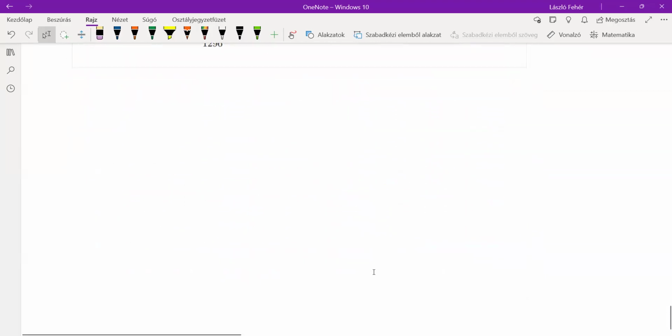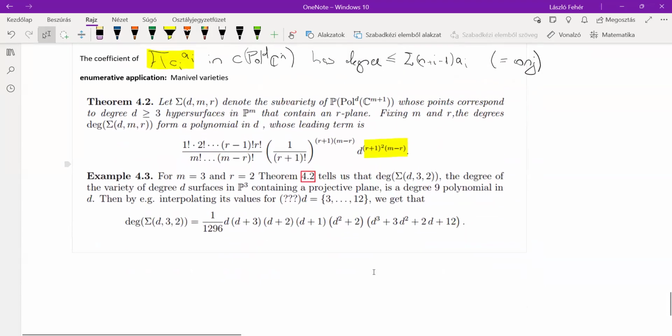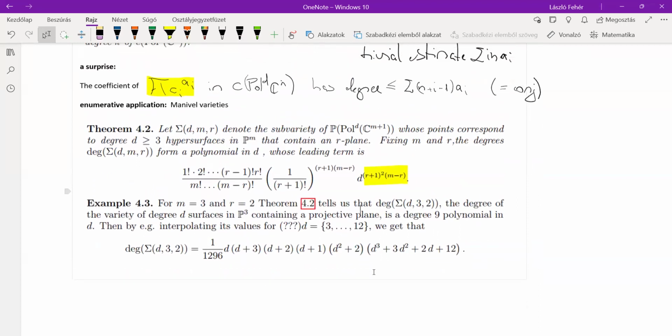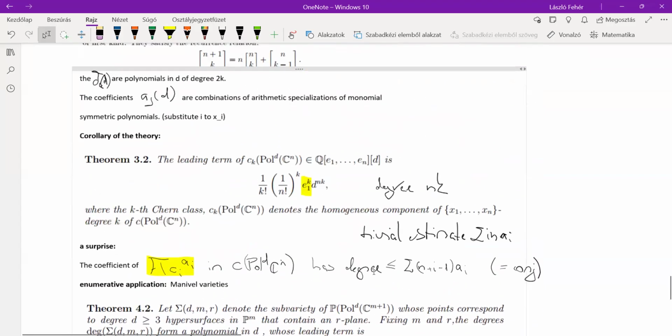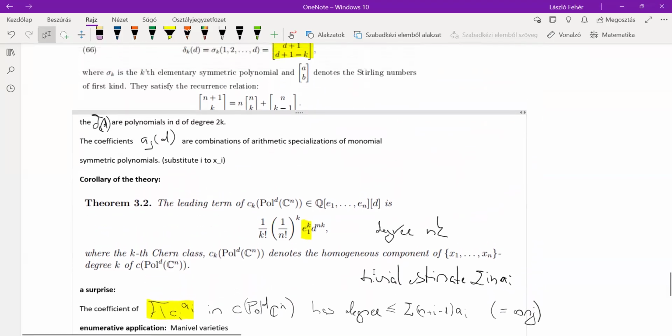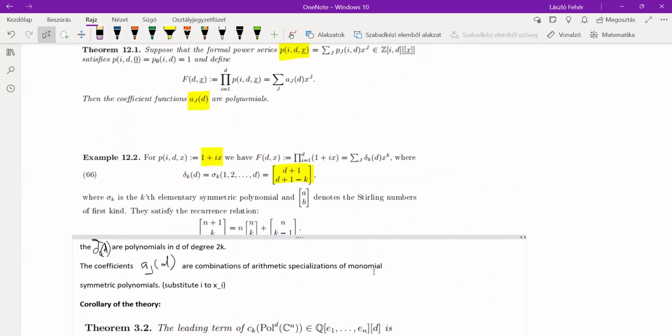Okay, so the last topic I didn't even write down is, what happens if you want to move to motivic Chern classes, when you want to calculate not the Euler characteristic, but the chi-y genus of these tangent varieties of tangent lines. And it turns out that branched coverings are not good for calculating motivic Chern classes.